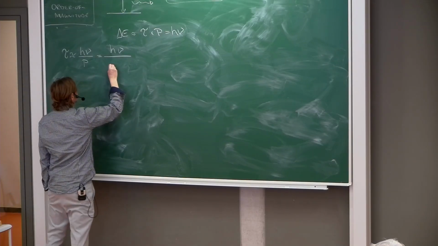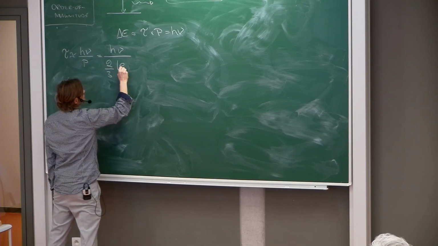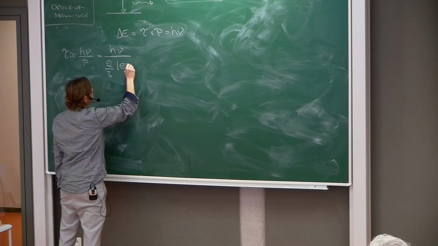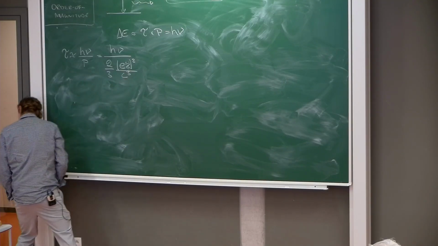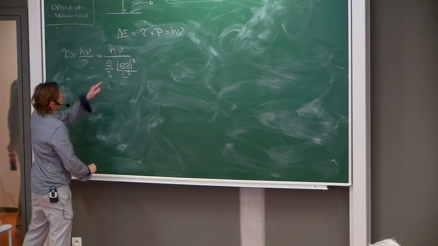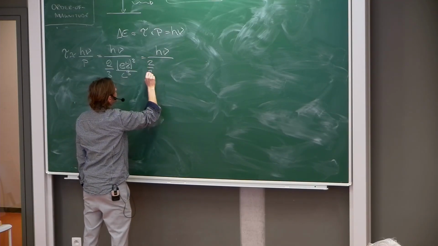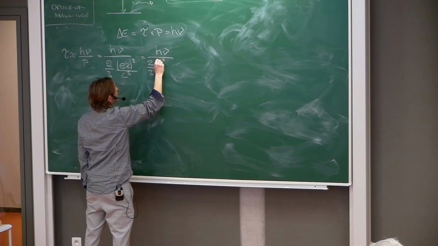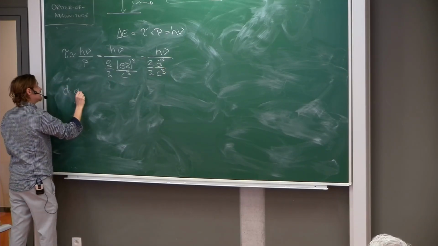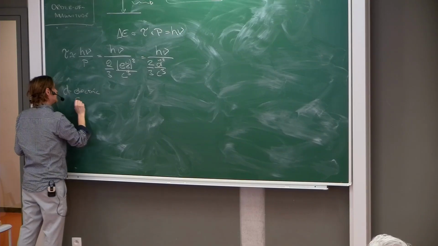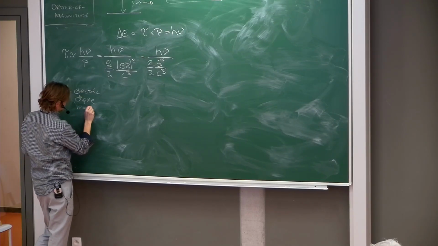The Larmor formula was 2/3 times the charge, which now is an electron, e, x double dot squared divided by c cubed. We also write this as 2/3 d double dot squared divided by c cubed, where d is the electric dipole moment. So these allowed transitions are electric dipoles.